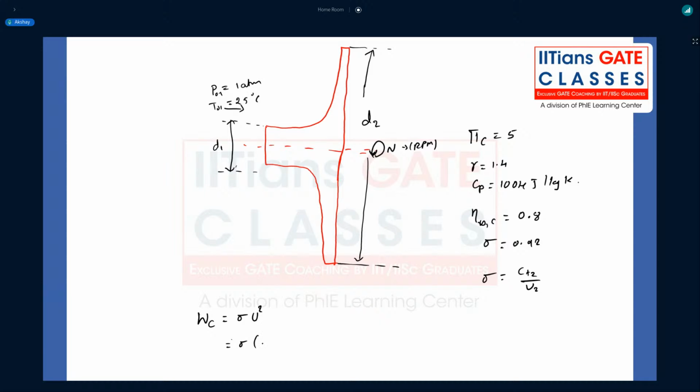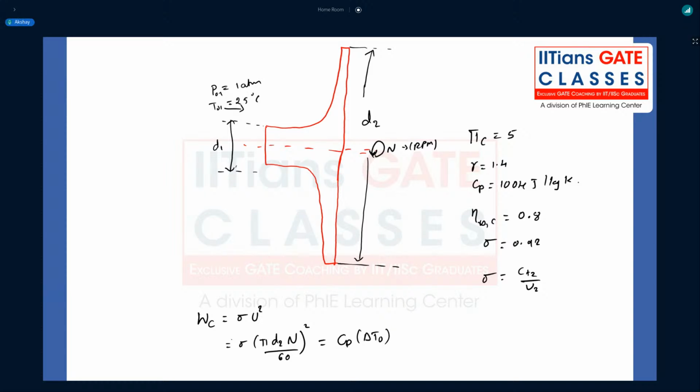So U can be written as pi D2 N divided by 60, whole square, where N is already in revolution per minute units, right? Which can also be written as Cp times delta T naught in the compressor, the rise in enthalpy in the compressor.